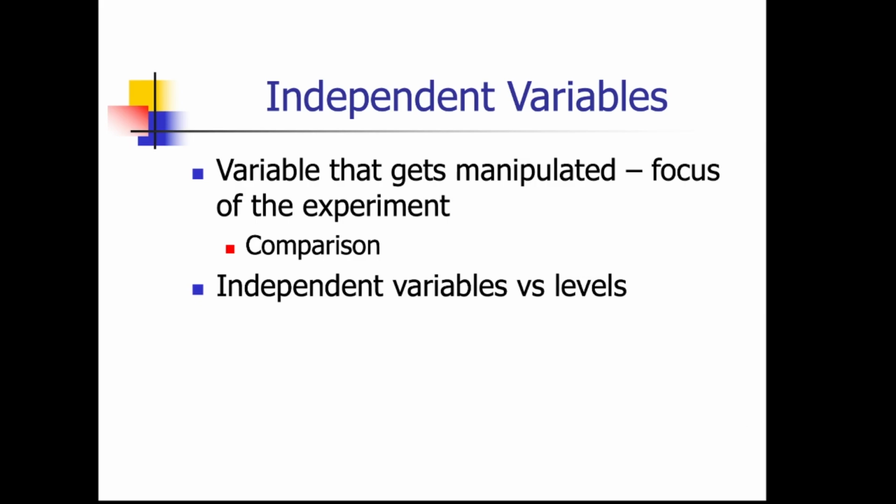In an experiment, the independent variable is the variable that gets manipulated by the researcher. It's the focus of the experiment. So what does that actually mean? What does variable manipulation mean?